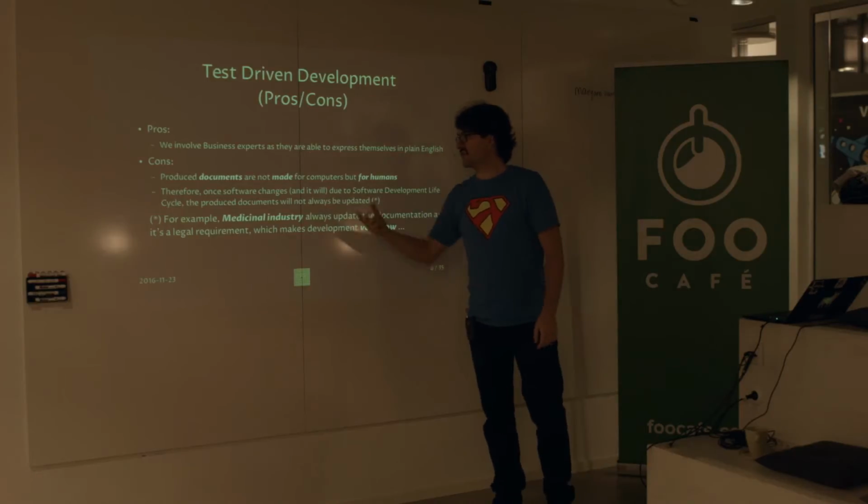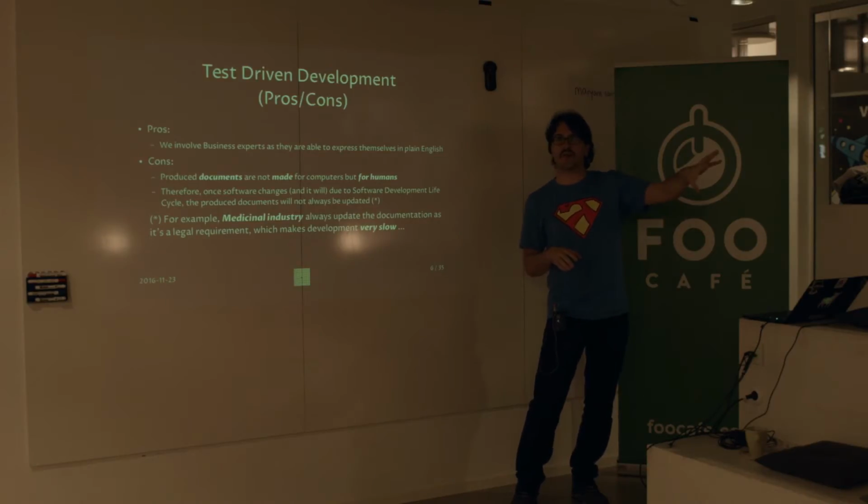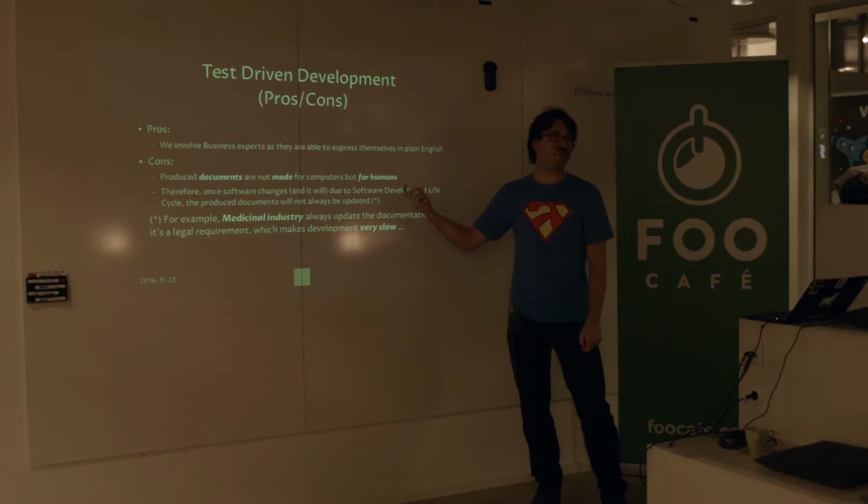Also, the issue with software documents is that at some point, when the business people deliver this documentation, they go to another place and do other stuff. The developers create the initial phase, the first iteration of the application. And then comes the second, because software changes over its life cycle. There's no application that's going to stay the same forever. So what happens is that sometimes, or I would say most times, the initial documentation doesn't get updated.